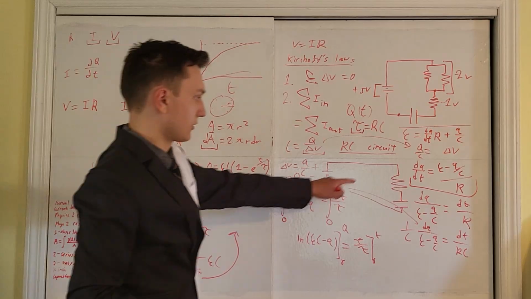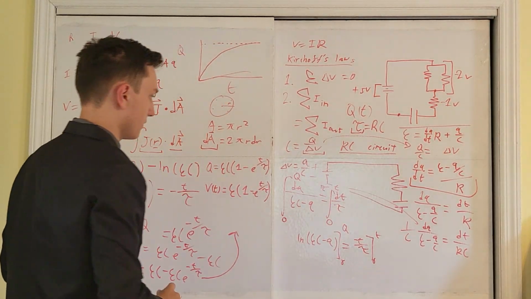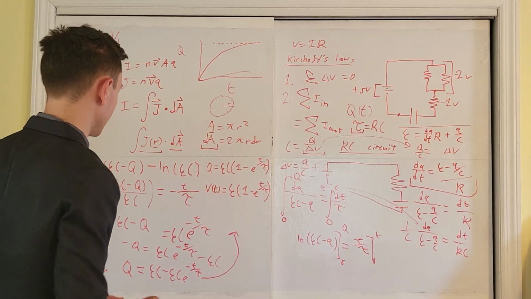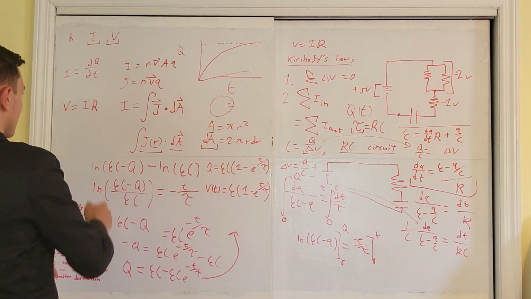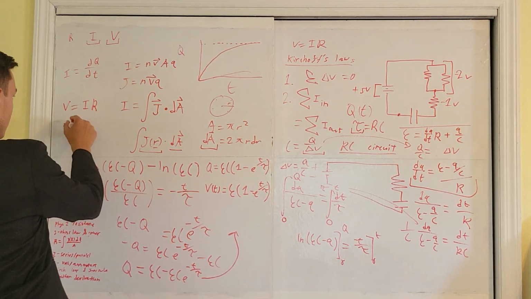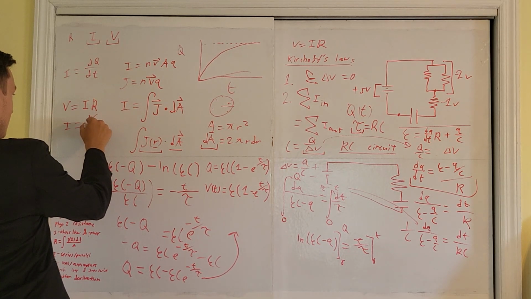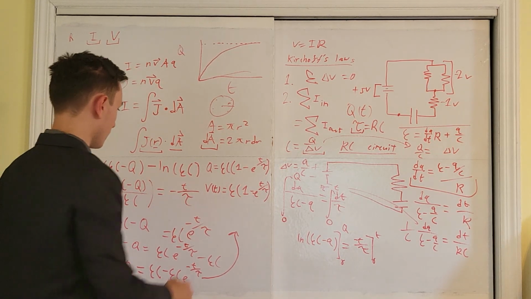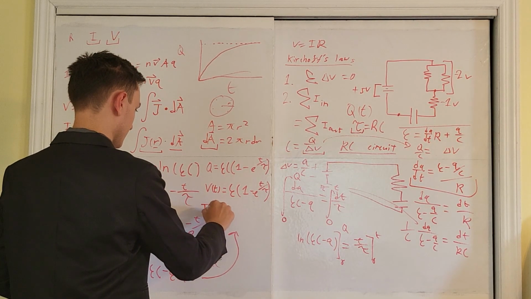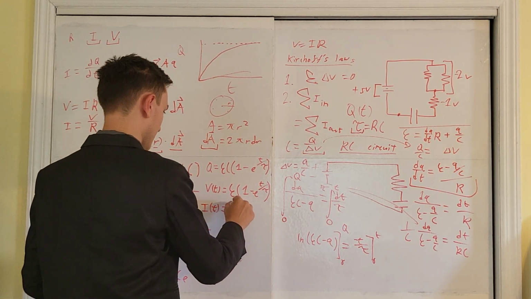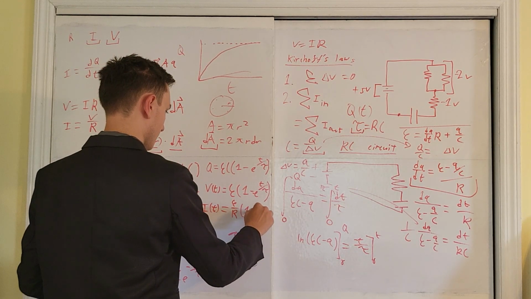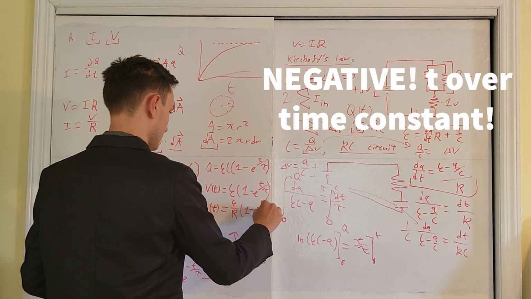And in a series circuit like this, the current flowing through any part of the circuit is equal to the current flowing at all parts in the circuit. So, if I want to find the current flowing through my circuit, that is the potential drop divided by resistance. So, if I wanted to find current through my circuit as a function of time, it would be epsilon over resistance times e to the negative t over time constant.